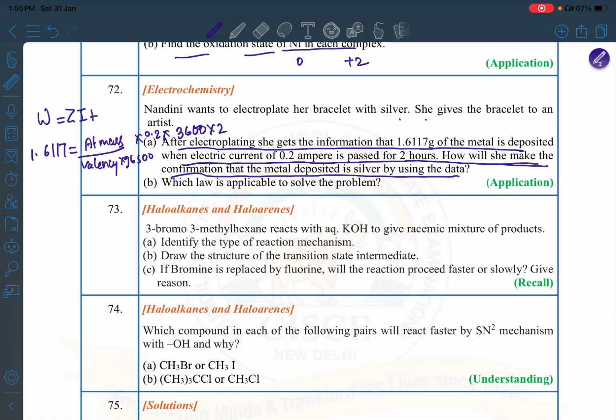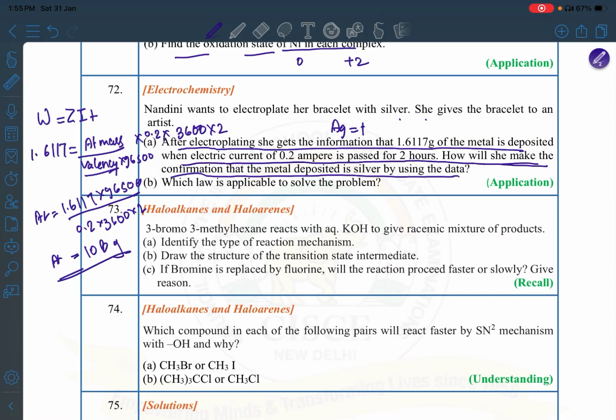The valency of silver is 1. So atomic mass equals 1.6117 into 96500 divided by 0.2 into 3600 into 2. When we solve, we get the atomic mass of silver as 108 gram. So 108 gram of silver metal is deposited here.